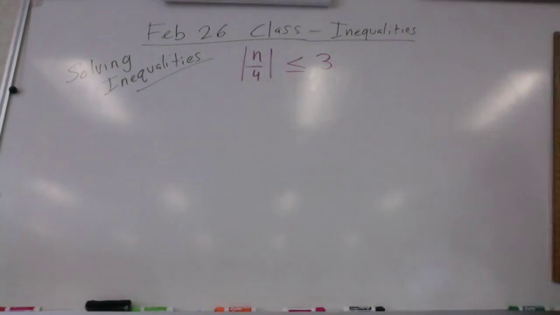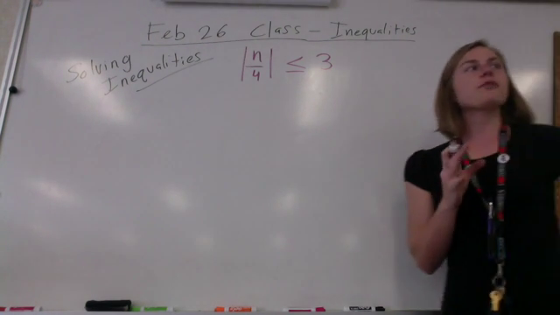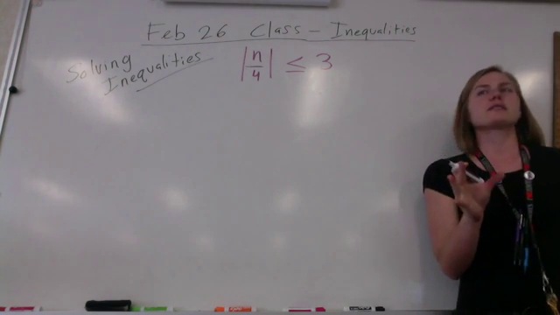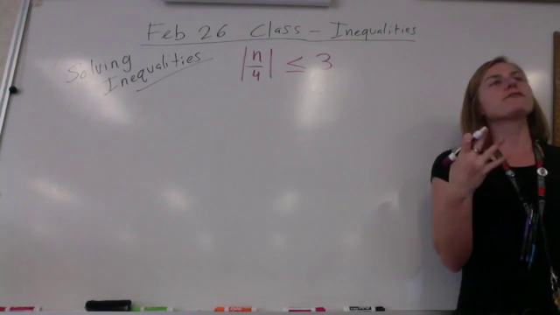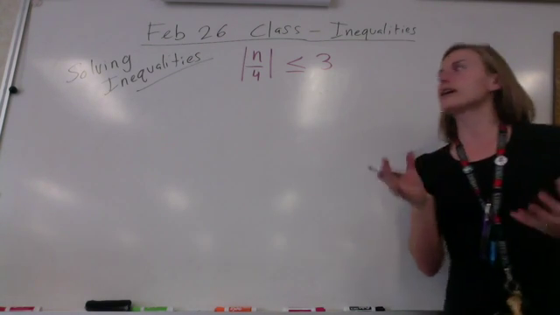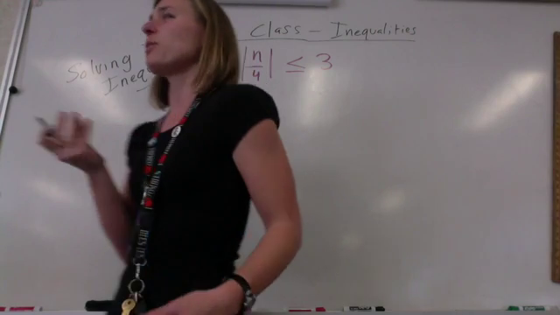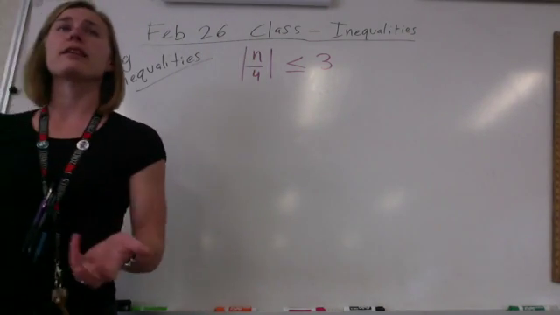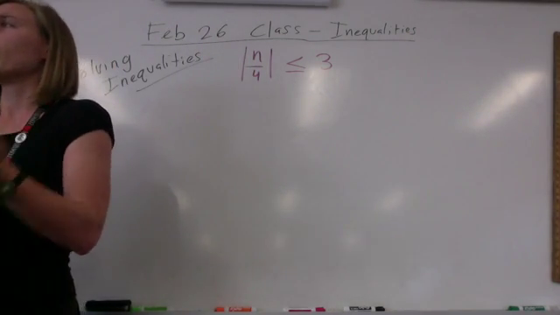So what if we put this into inequalities? Just like before, how we're not sure if the stuff on the inside actually was positive or negative to begin with, we kind of need to assume both.